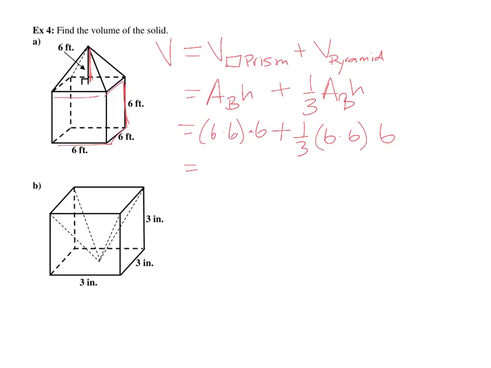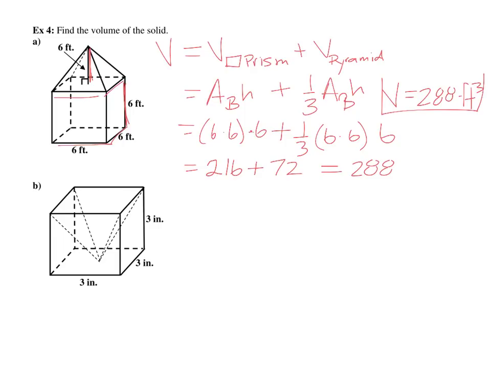So I have 6 times 6 times 6, which is 216, plus 6 times 6 times 6 times 1/3 of that, which is 72. Add them together, and I get 288. So the volume is 288 feet cubed. Done.